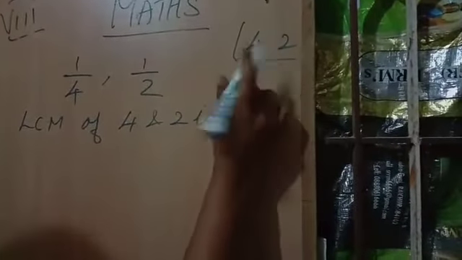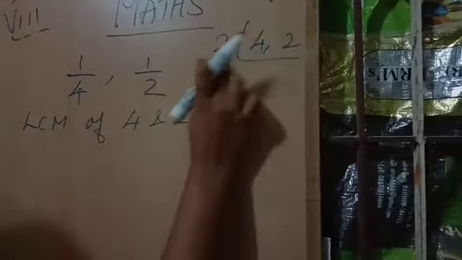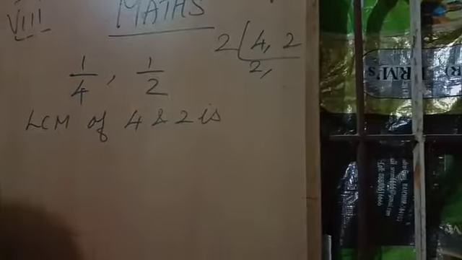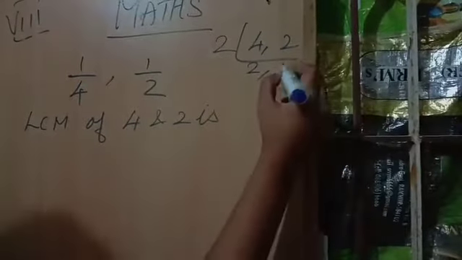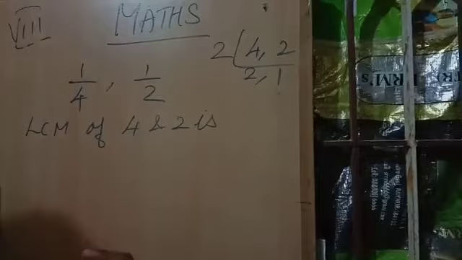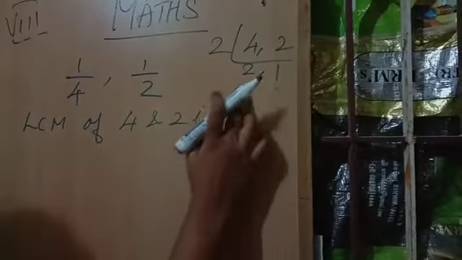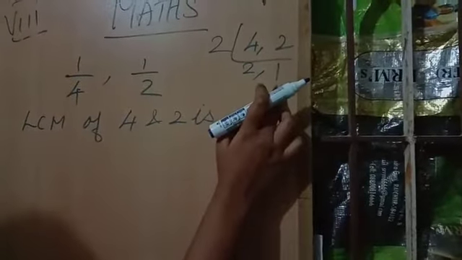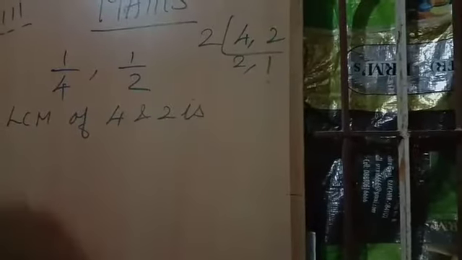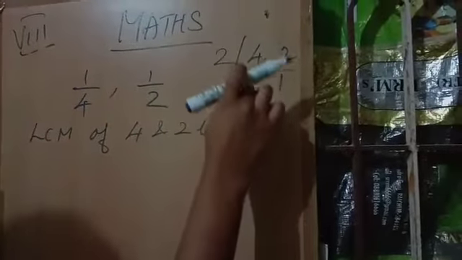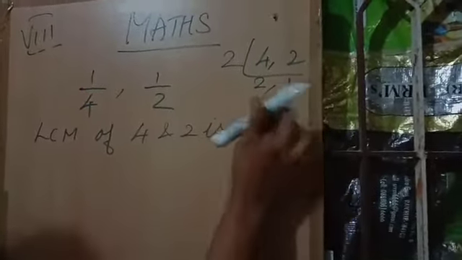Both numbers are divisible by 2. How many 2's are 4? 2 2's are 4. How many 2's are 2? 1 2 is 2. Hereafter can you simplify? No. This 2 and 1 cannot be divided by the same number except 1. If you divide by 1, again you will get the same number only. So I have stopped here.